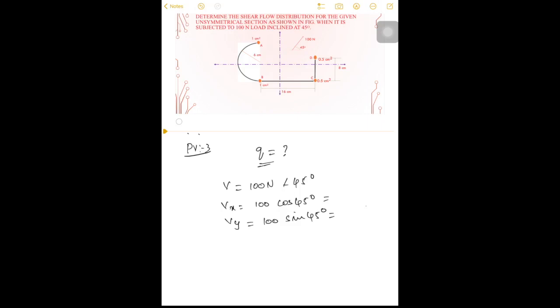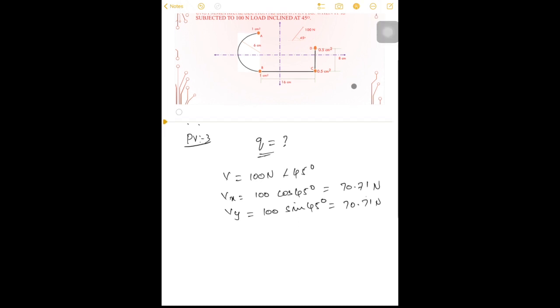It is 1 by root 2. So when we simplify and input those values, we will get 70.71 Newton for Vx and the same value for Vy, 70.71 Newton.